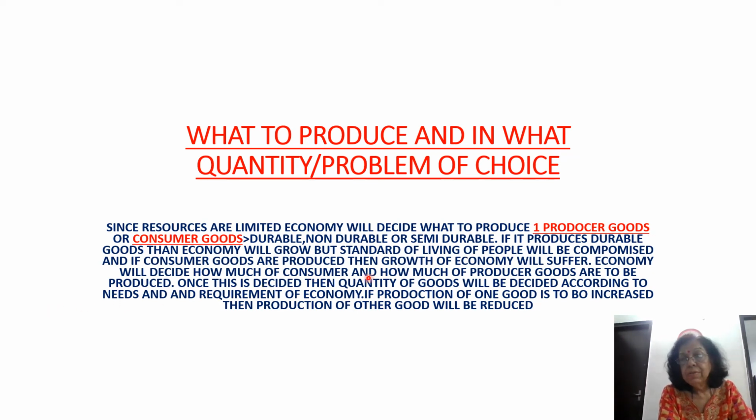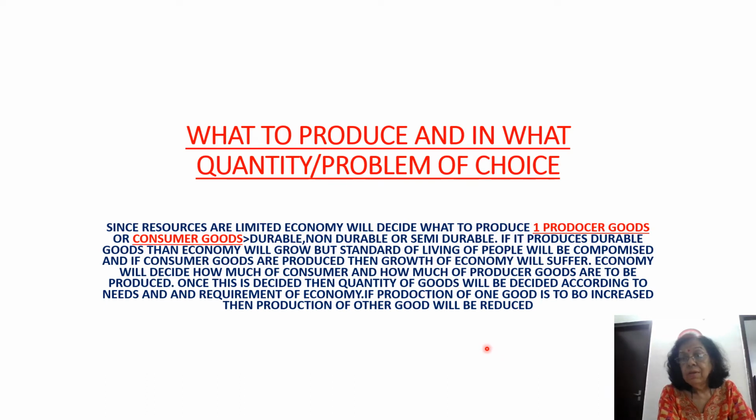After an economy decides what to produce, then it will have to decide what quantity is to be produced. For example, two goods are being produced by a country, X and Y. We also assume that the country has resources worth 100 crores.